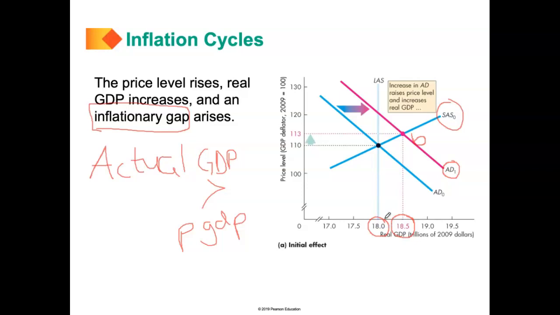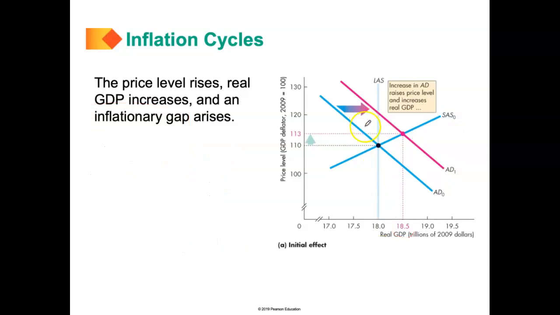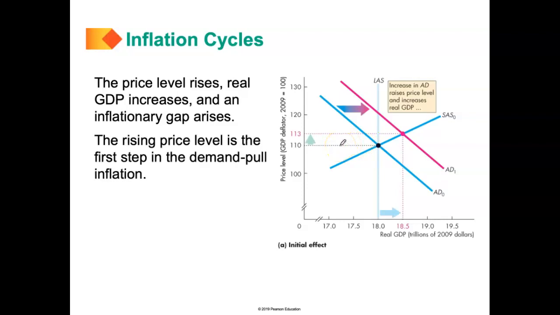Now, every time you have an inflationary gap, basically people demand more wages. So in this example, the price level increasing is the first step in demand-pull inflation. Every time you have an inflationary gap, people demand more wages because basically the economy is booming.